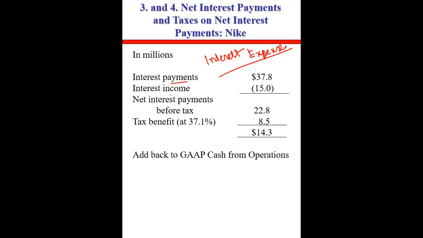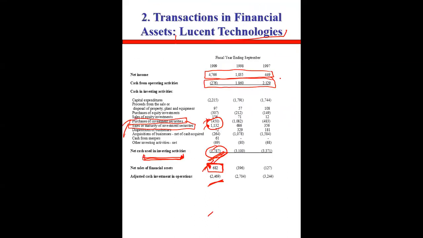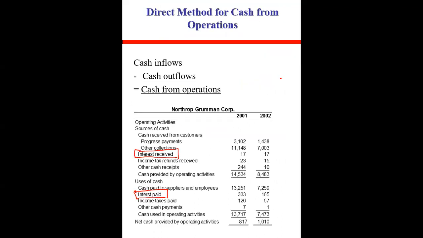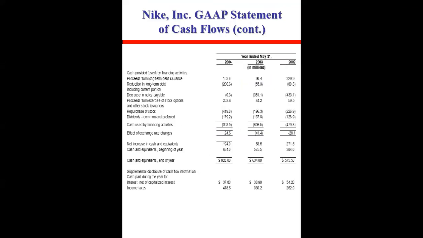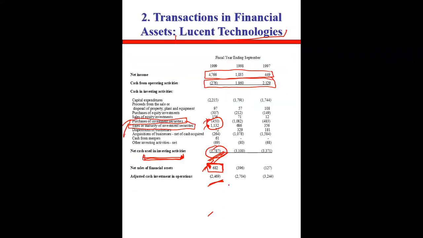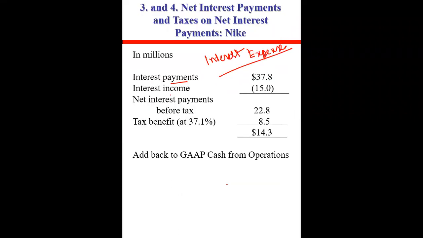So we have the interest payment of 37.8 million and the interest income of 15 million, which comes from the footnotes. In the cash flow statement from Nike, you see that they have made a supplemental disclosure of cash flow information: they made interest payments of 37.8 million in 2004.